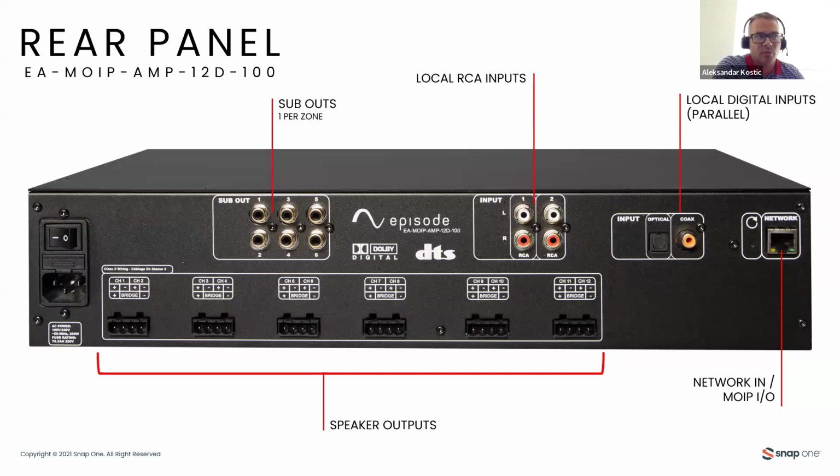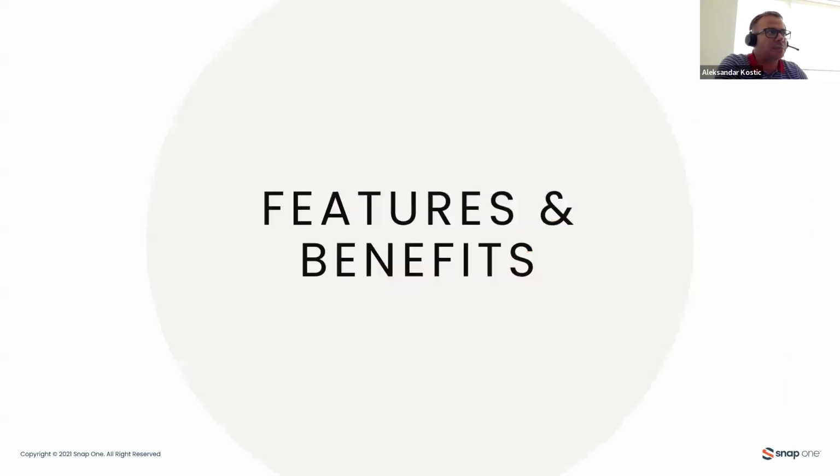So we have RCA inputs there. And on the right side, we have 1 digital input like all the other amplifier models, which you can use either through the coax or audio optical input. And of course, there is connection for the network. This 12 channel amplifier requires its own power supply, so it's not supported to be powered up by PoE because of the much higher power budget it provides.